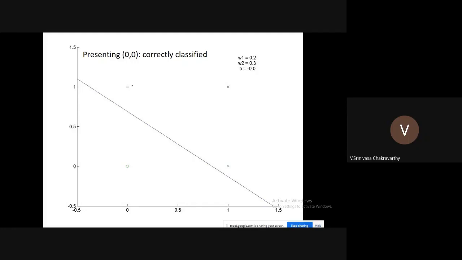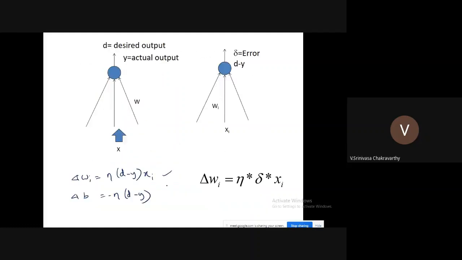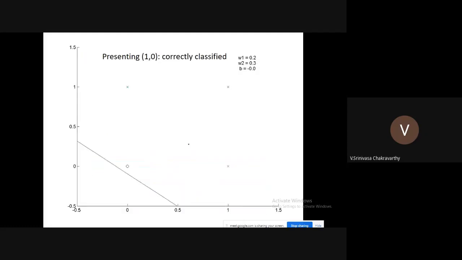Next time when I give 0, 0, I've updated. Because in the perceptron also, the weights are updated only when the actual output and the desired output are different, when d minus y is non-zero. So when you update the weights using this learning rule, the weights have changed.